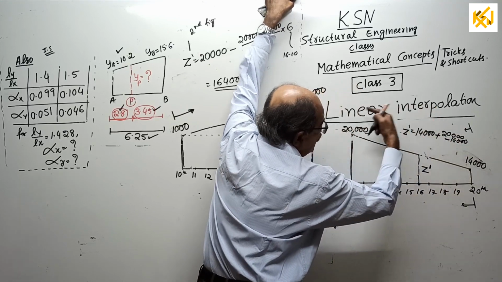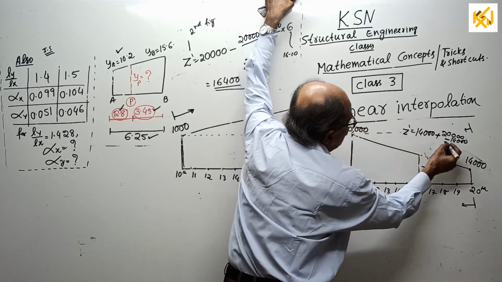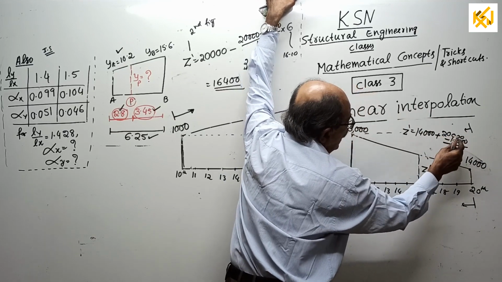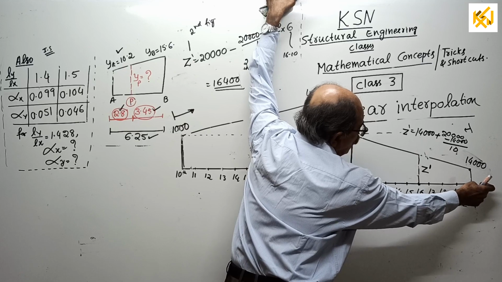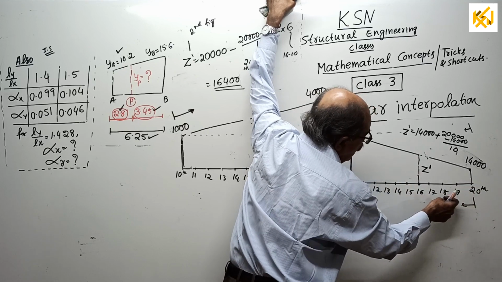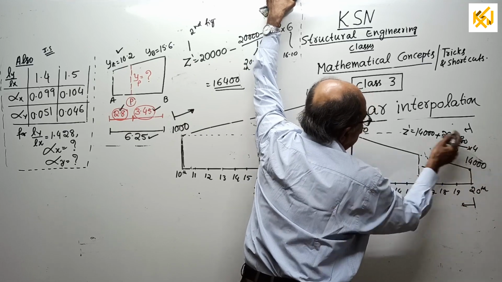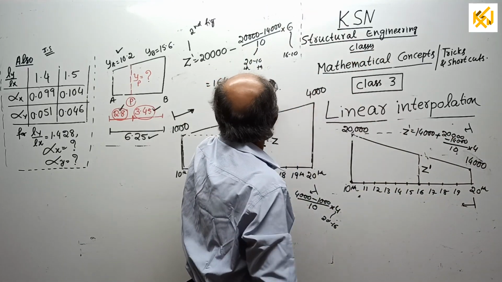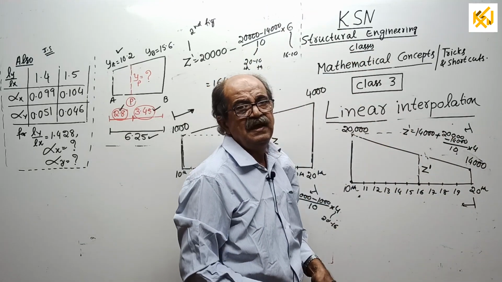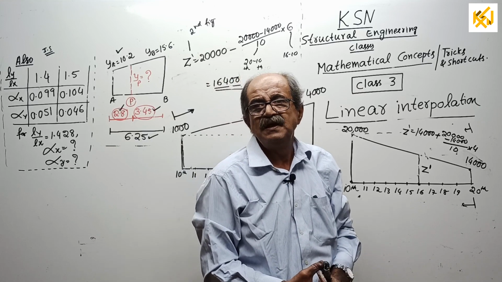That is the total increase from that side to this side. Divide by 10 will give how much it increases for 1 day. Multiply by 4 days, into 4. It will give the same answer. What you got just now here, the same answer will come there. This is the interpolation. Simple.